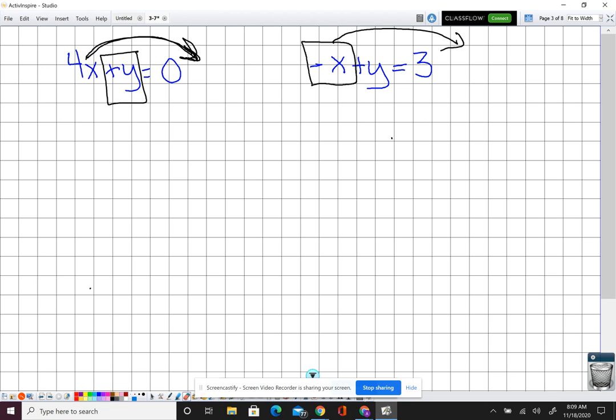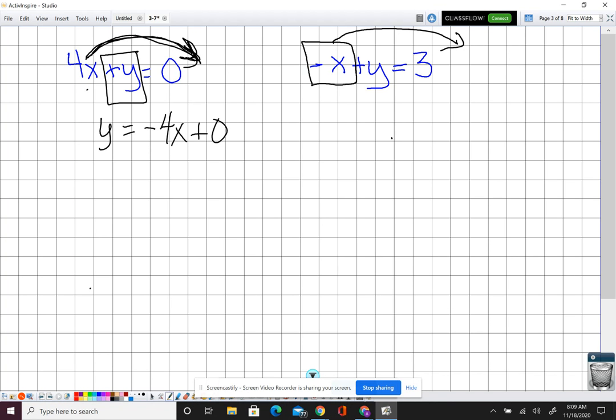We want to solve it for y, so we're going to bring that 4x over to the other side, so that we get y equals -4x plus 0. So I'm moving across the equal sign. Anytime I move across the equal sign, I have to change the sign of that term. So the 4x was positive, it becomes negative.